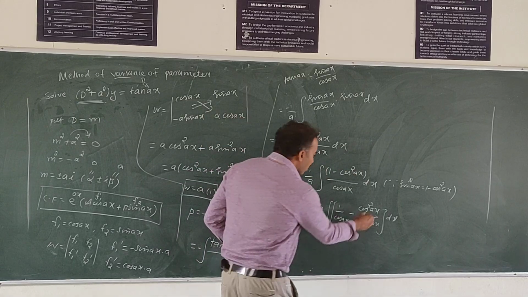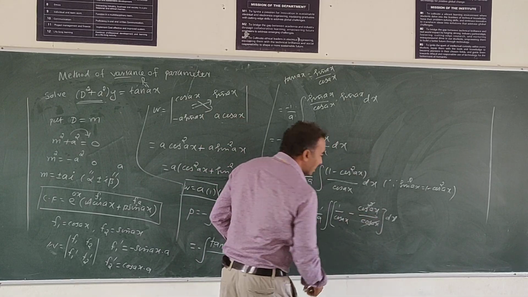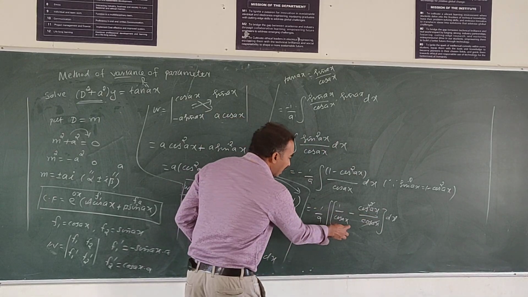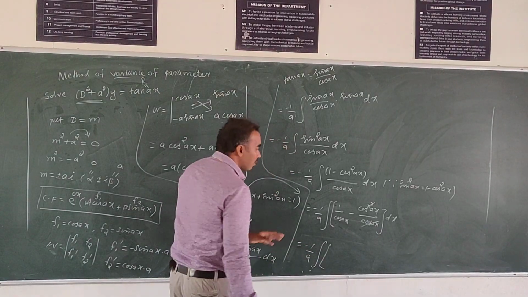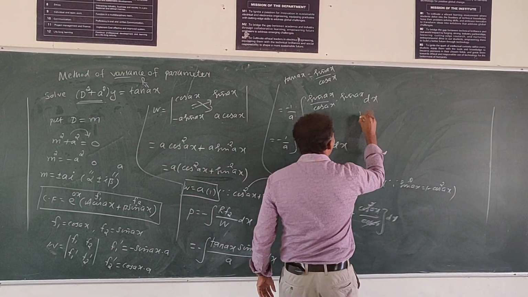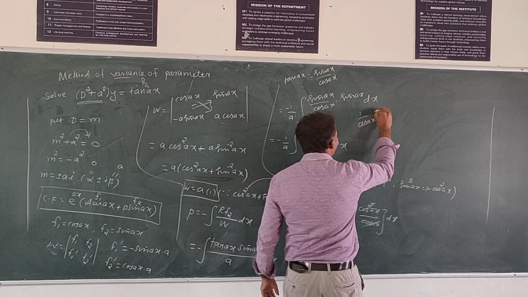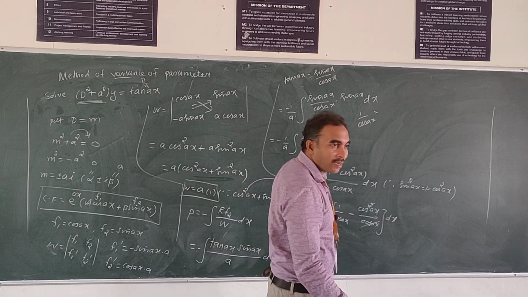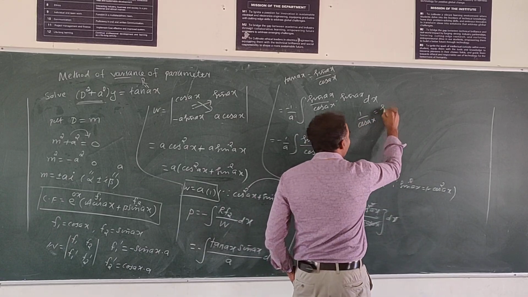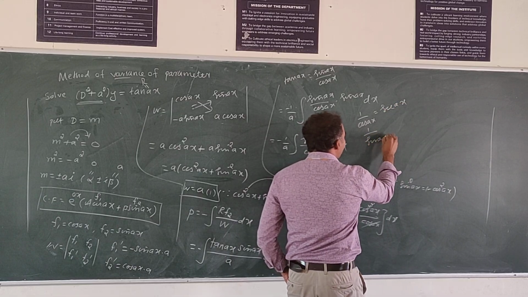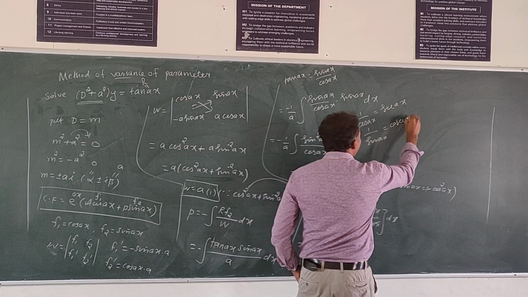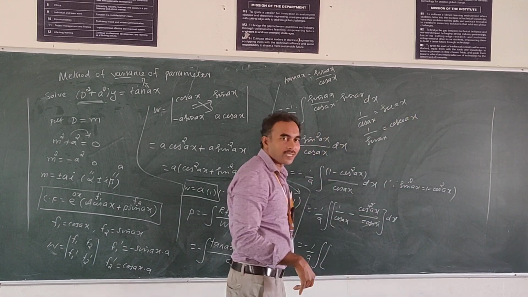Cos ax cancels. 1 by cos ax can be written as secant ax, again using the trigonometry formula. Like that, 1 by sin ax can be written as cosecant ax.